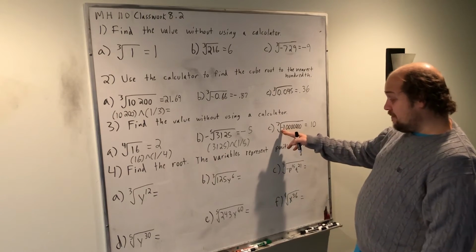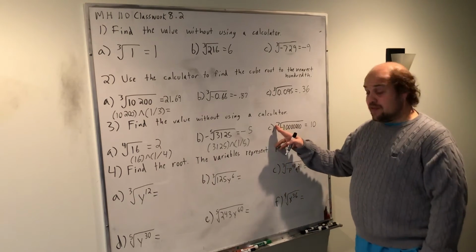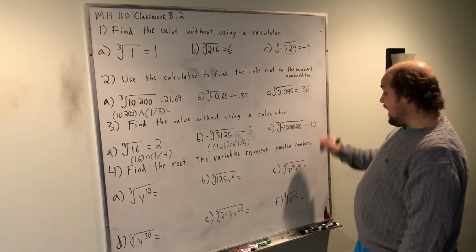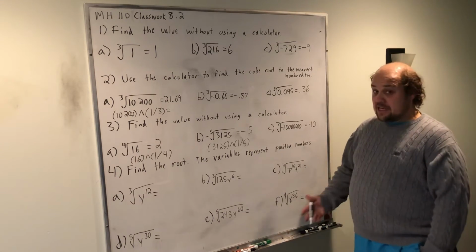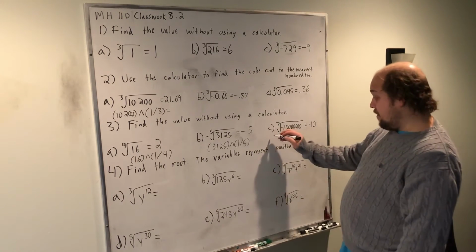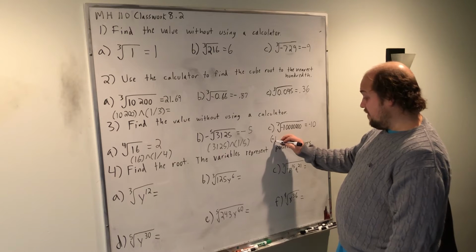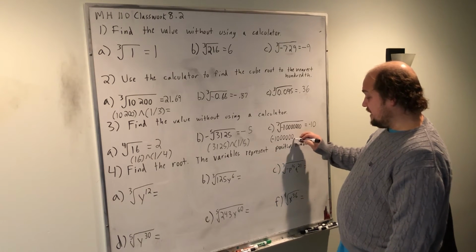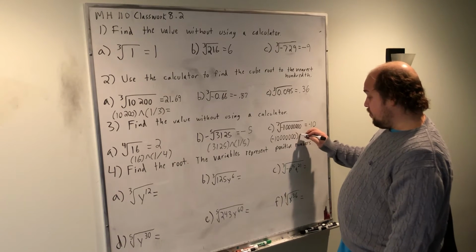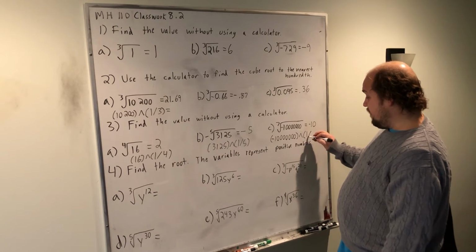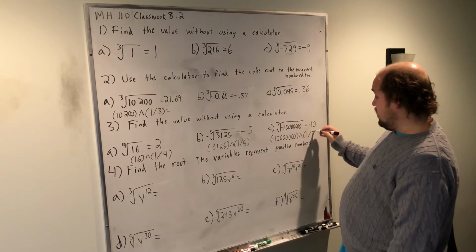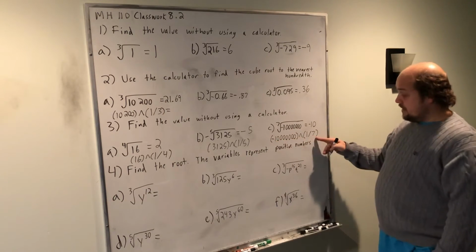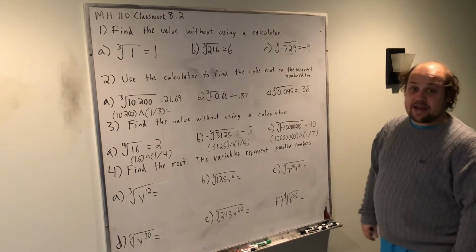Since it was negative on the inside and it's an odd numbered root that's allowed, it just means my answer is negative. And again, you don't need to be able to do that off the top of your head. You can put in your calculator negative 1 with 1, 2, 3, 4, 5, 6, 7 zeros, and parentheses to the power of 1 divided by the index or root number, 7. If you put this in properly, it will get you to that correct answer.